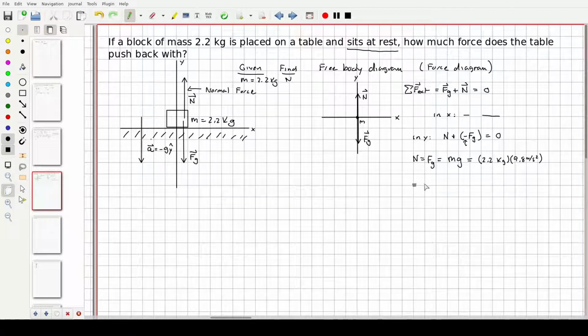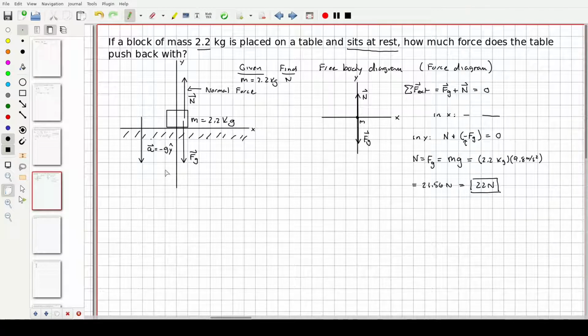So 21.56 newtons, or if you keep to 2 sig figs, which is what we have here, 22 newtons of force. That's how much force it pushes back with.